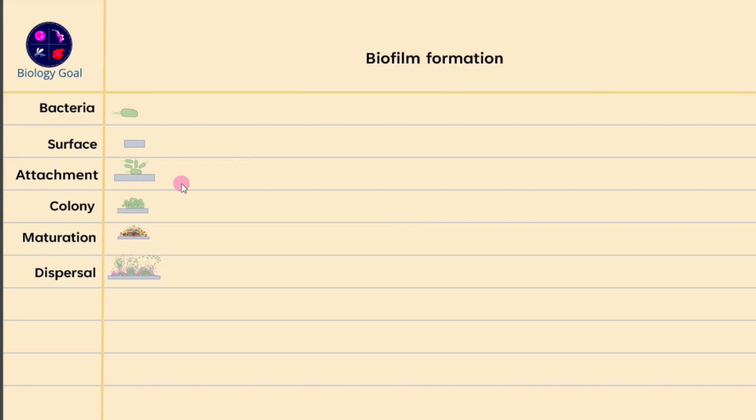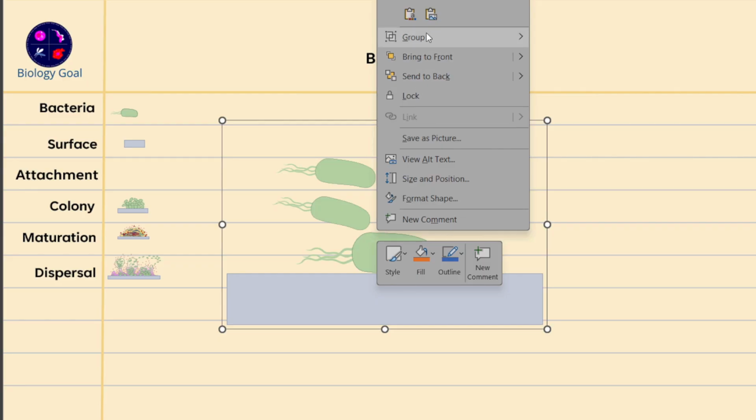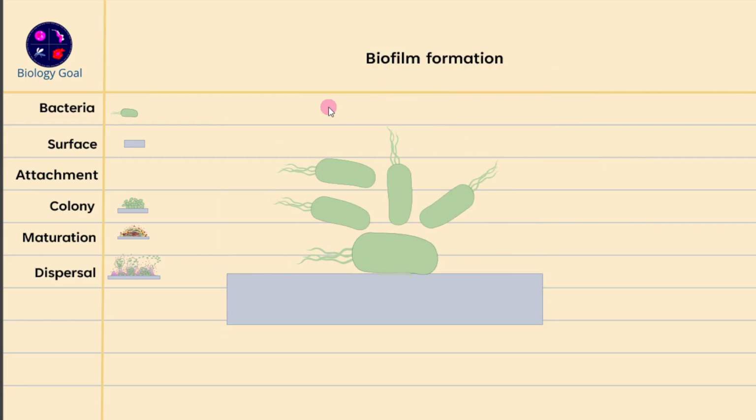All right, so let me show you that initial attachment or surface attachment illustration that I've created. Let me make it a little bit bigger. I hope you can see this, right? Let's ungroup these individual components so that I can move them around.